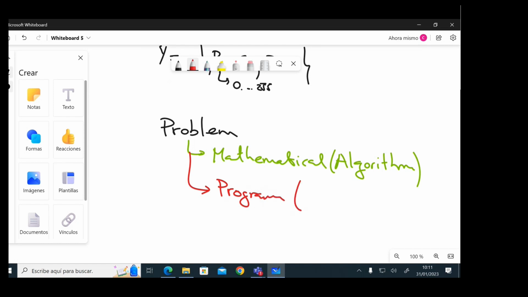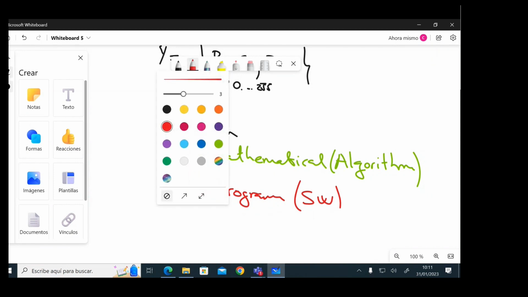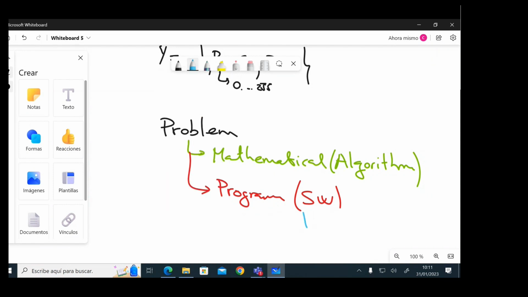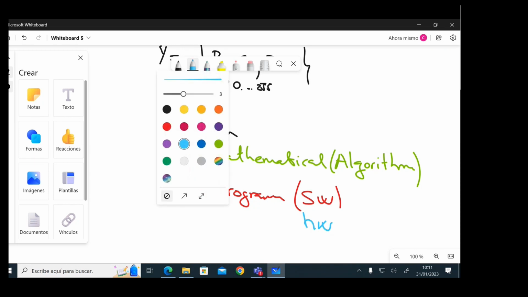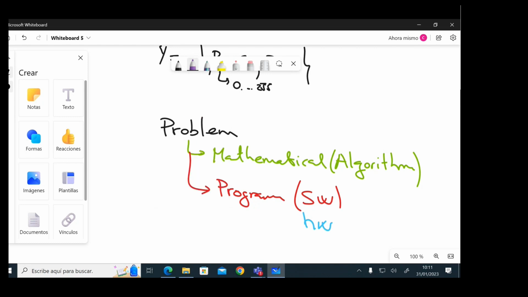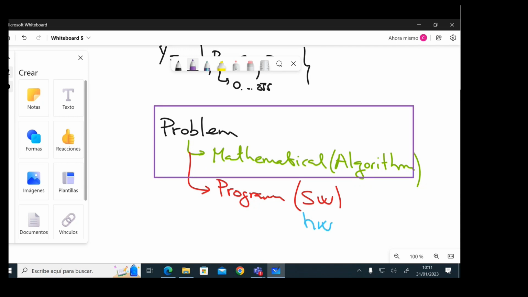And this program can be software, but it can also be hardware. We will see a bit, but only a bit, about this.